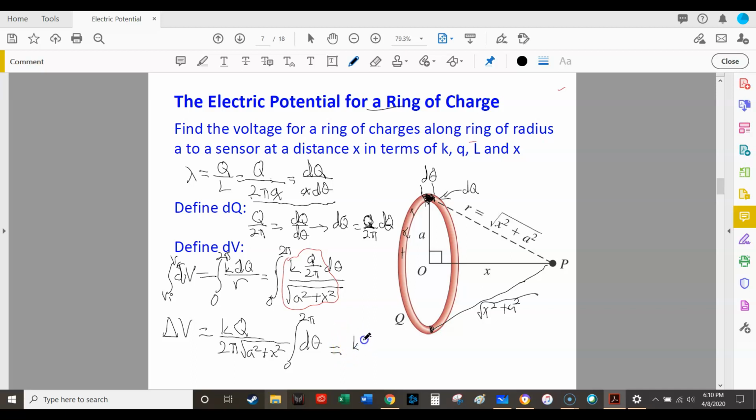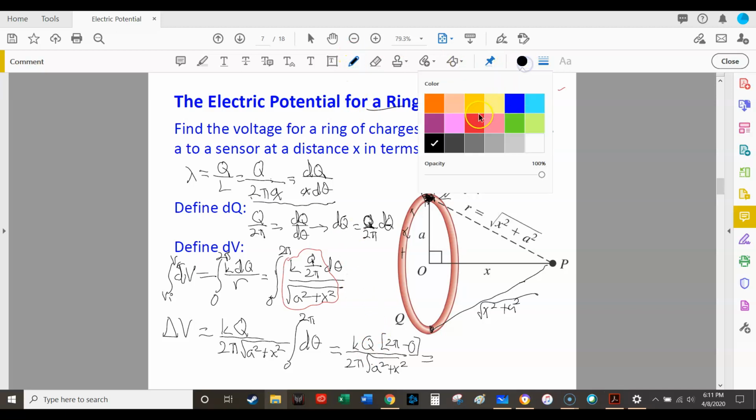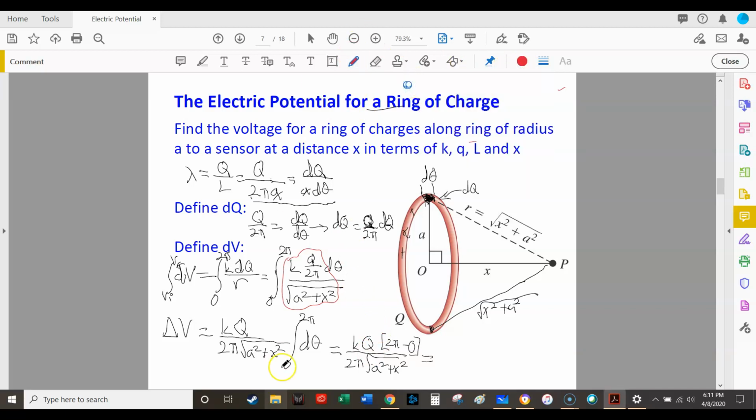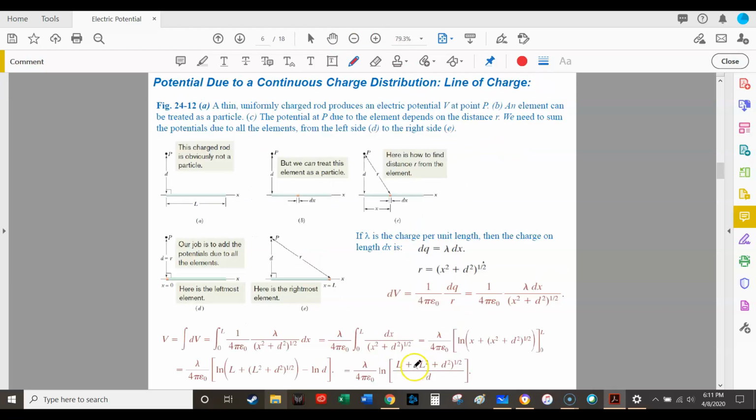So really, we're getting 2 pi times the square root of a squared plus x squared, and that 2 pi minus 0 is just 2 pi, and 2 pi divided by 2 pi is going to cancel out. So this 2 pi is going to cancel out with this entire part right there.